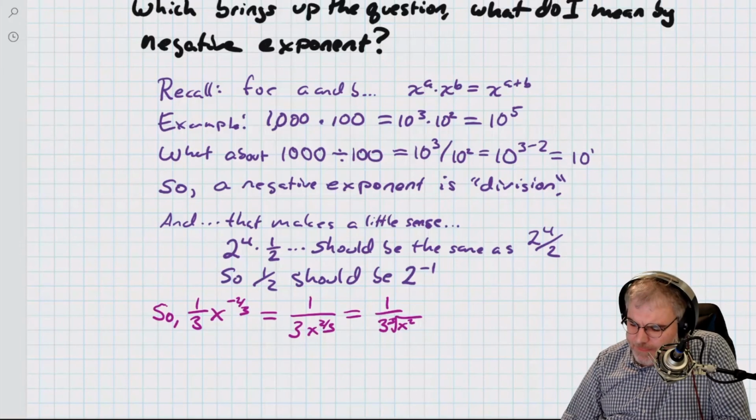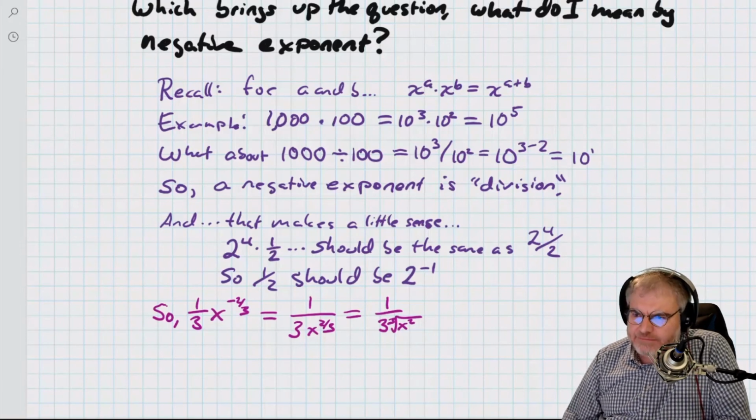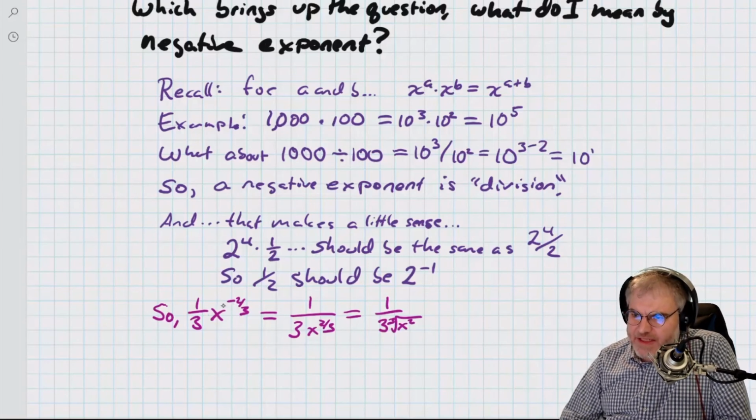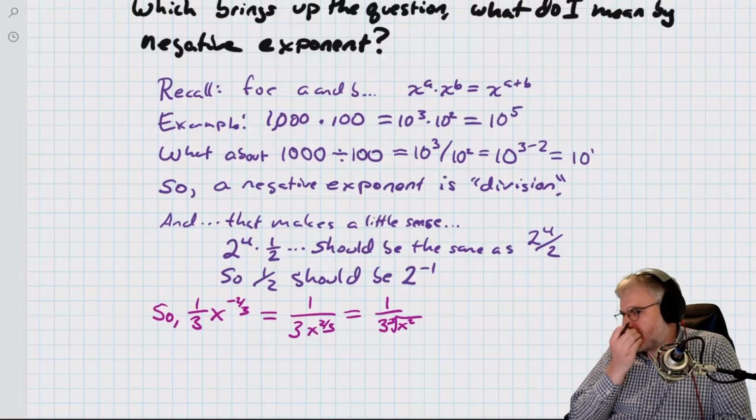How do we feel about that, 1 to 5? If it's a negative exponent on the top, it's a positive exponent on the bottom, and vice versa. If I have a negative exponent on the bottom, I move it up to a positive exponent on top.